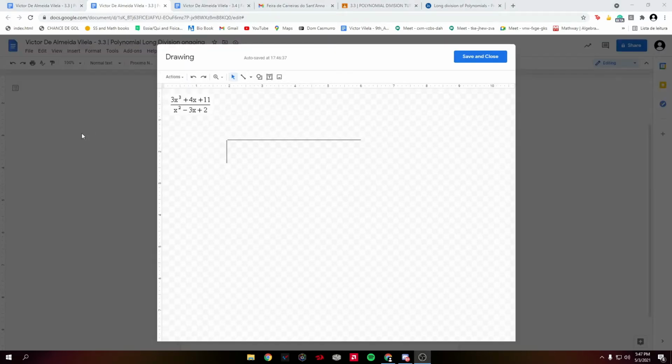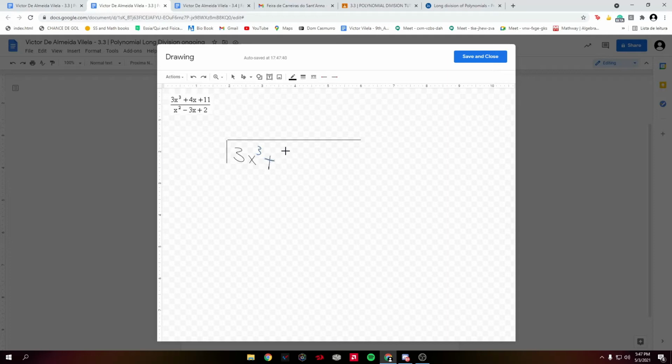Okay, for example number 2, we have 3x cubed plus 4x plus 11 divided by x squared minus 3x plus 2. So for this example, it's a little bit different. I'm even going to write it here for you, and we're already going to stop it here. Why?